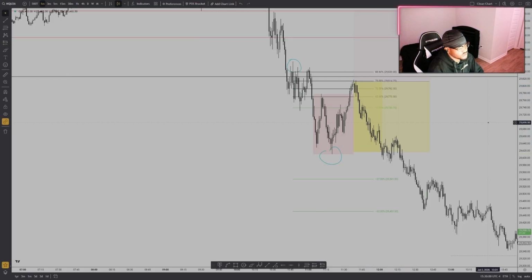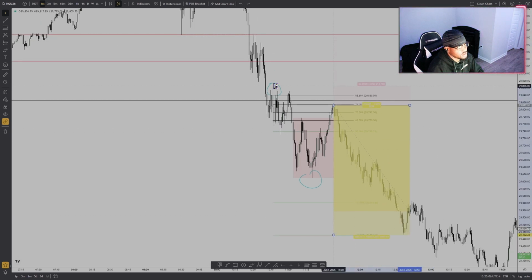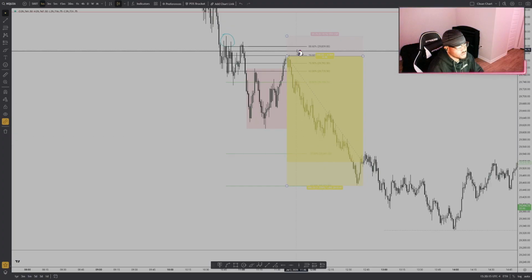Short position taken within the golden zone of the fib, and your projection levels are here. Stop loss at this high, about 55 points of risk, 1 to 6. Very easy trade idea, returning back into the range. Price seeking a higher draw, just very shortly. Sweeping this high here.